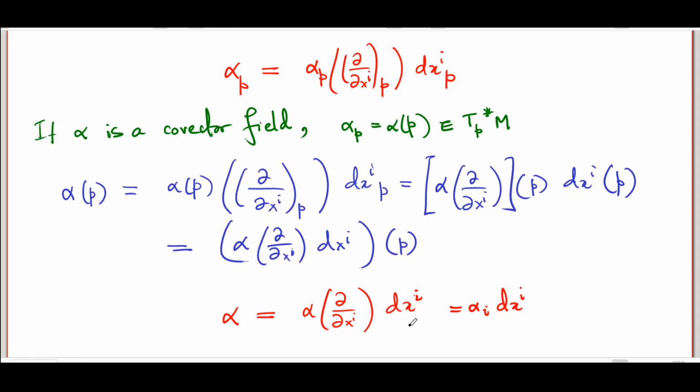Let me stress one thing at this point. We have been talking about covector fields as if they were defined all over the manifold M. However, that may or may not be the case. Sometimes the covector field may be defined all over a manifold, or sometimes it may be only defined locally over some open neighborhood of the manifold.